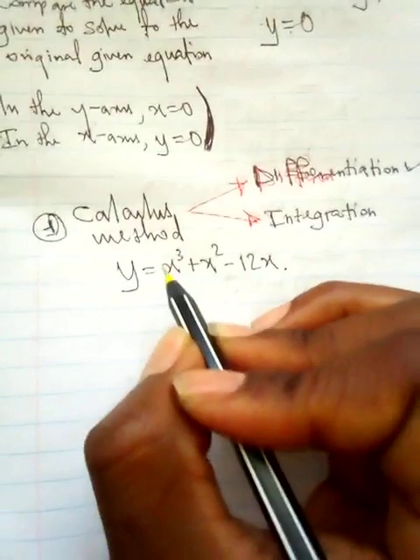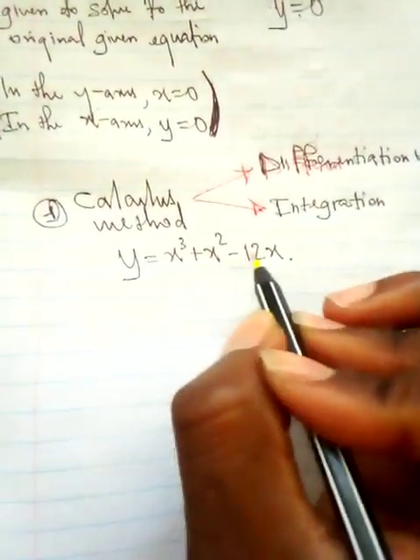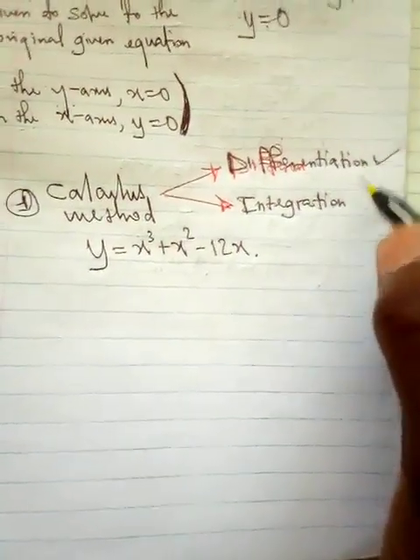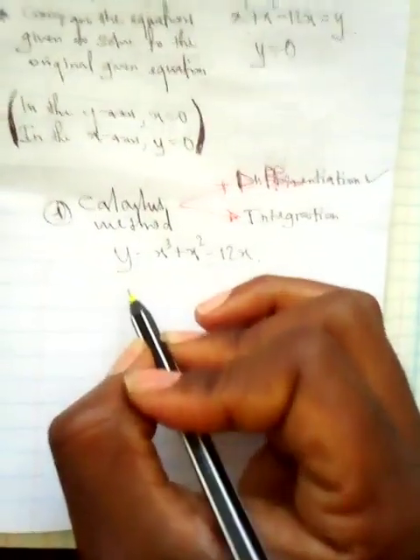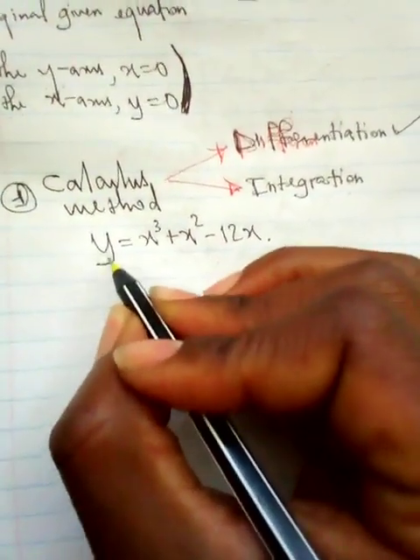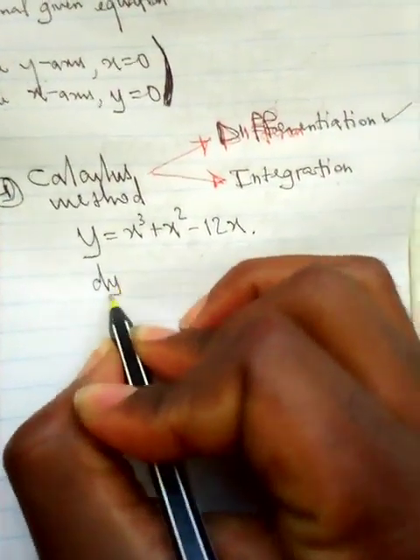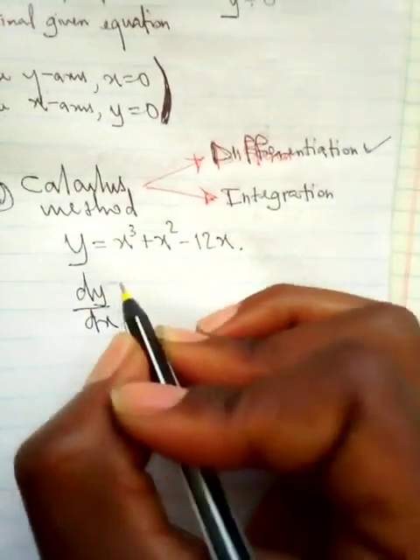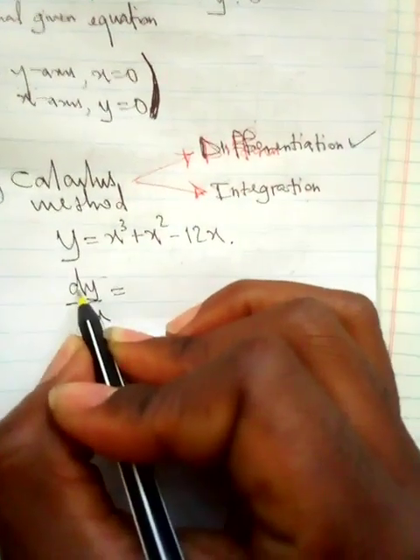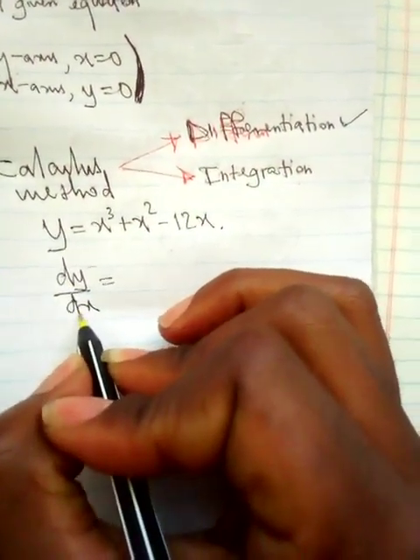So when you are differentiating, on your y you are going to put dy dx. dy dx here means differentiate y with respect to x.